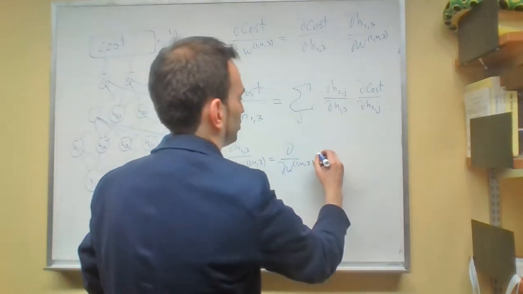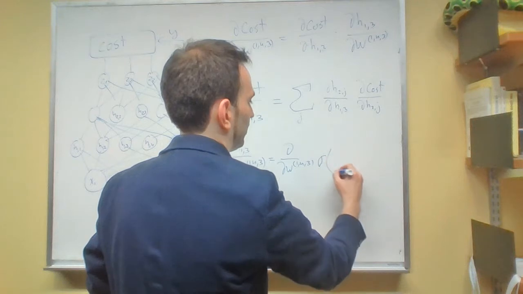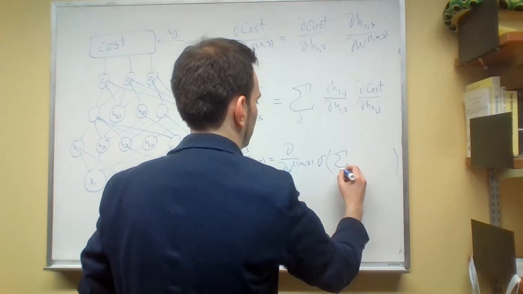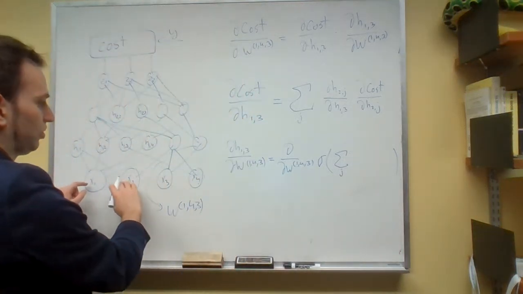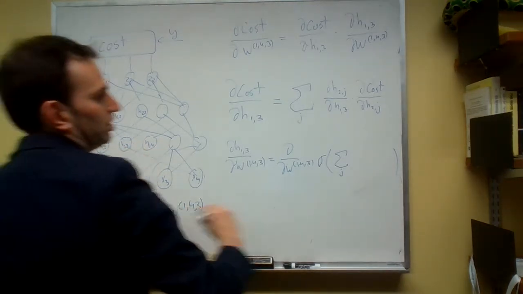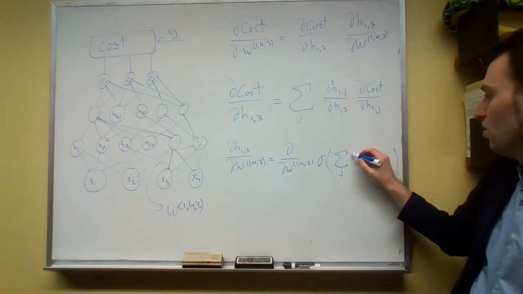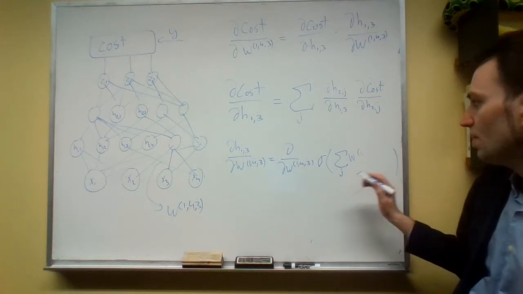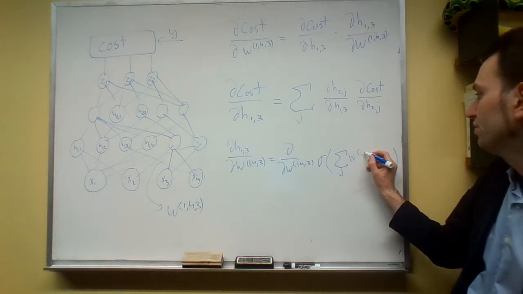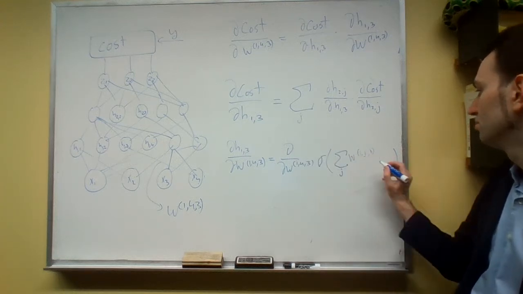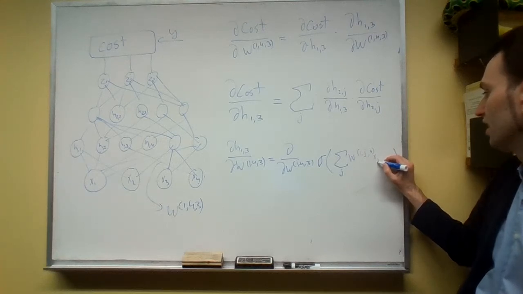So we need to write the h. This would be sigma, the activation function, of the sum over j of, so here again we're computing the weighted sum of the x's that go into h13. So it's going to be the sum over W1, because we're going in the first layer, going from xj and going to h13, xj plus b13.